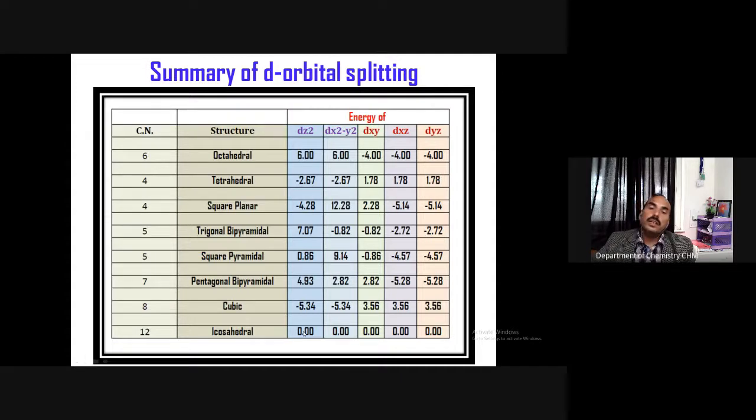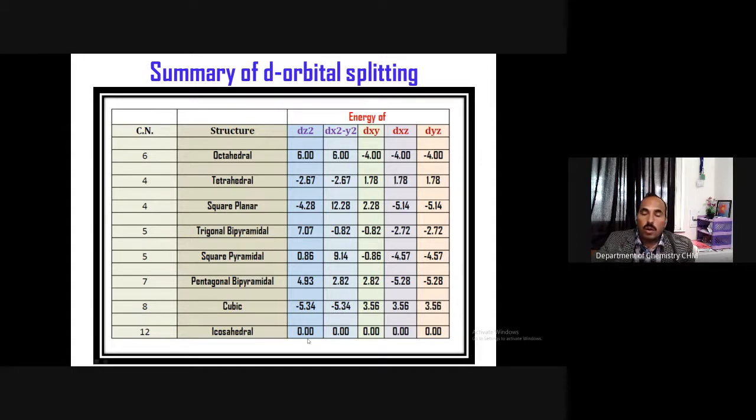Okay, you remember the symmetric field. When there are 12 ligands, they'll be surrounding all the 5 d orbitals, just like a spherical symmetrical field, right? So wherever you put the orbitals, they are going to face the ligands almost from the same angle because ligands are everywhere. 12 ligands are there, right?